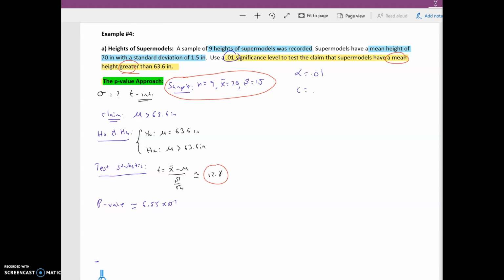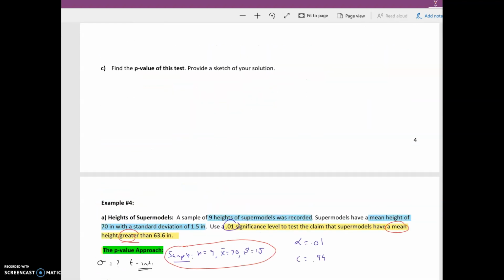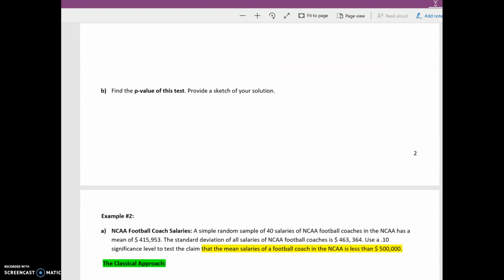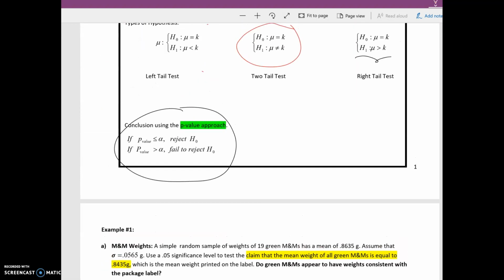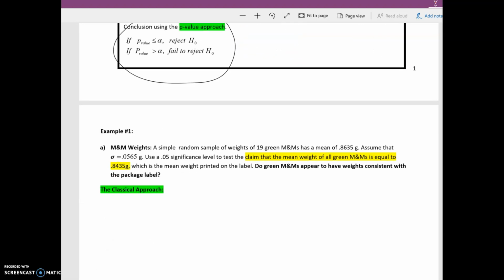That means that C is equal to 0.99. And what we're going to be comparing is the value of the p-value with respect to the values of alpha. Now, in this case, our p-value is really small, and we're just going to be following this condition. If your p-value is less than or equal to alpha, automatically reject H0.